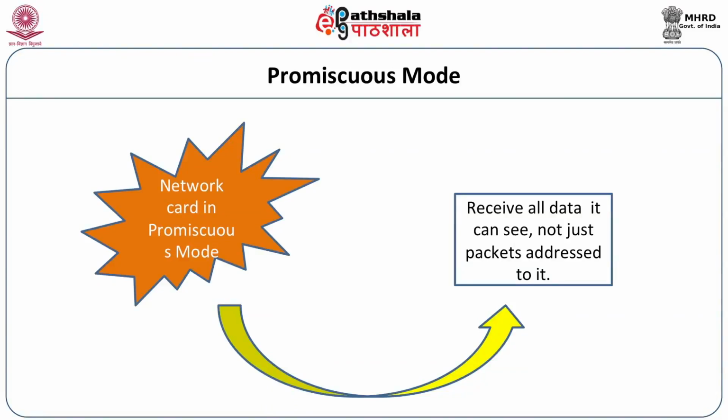First, I would like to discuss what promiscuous mode is. If I keep my network card in promiscuous mode, it receives all data it can see, not just the packets destined to that network card. This network card is usually called a NIC, Network Interface Card, and one IP address is assigned to it.